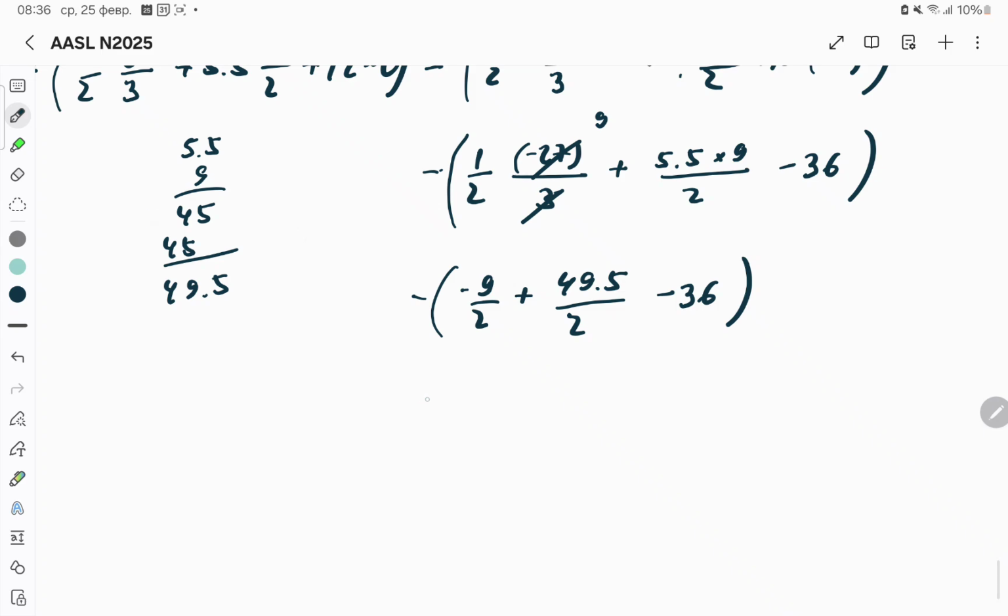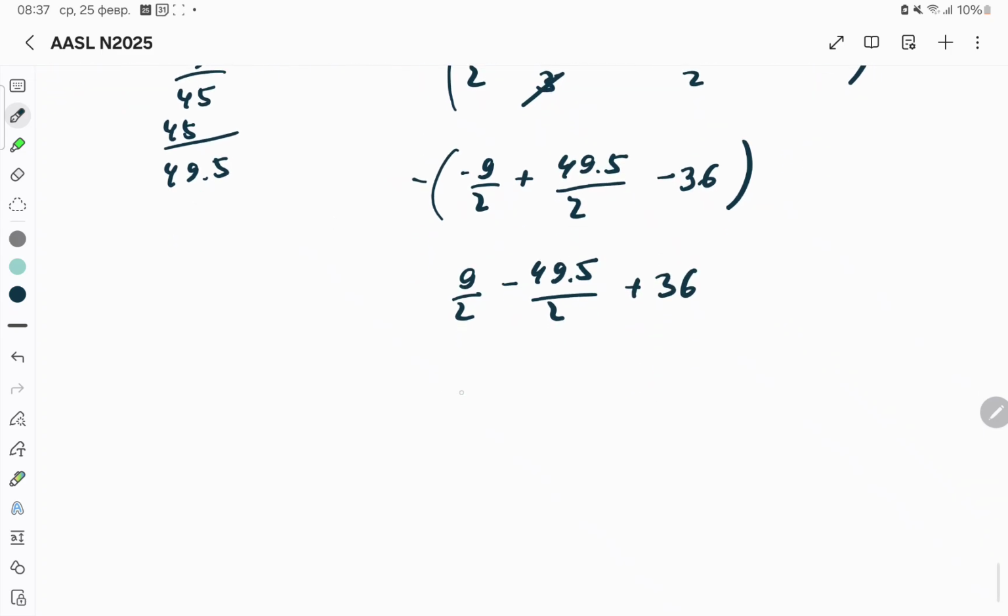Okay, so now I will open the brackets. 9 over 2 minus 49.5 over 2 plus 36. Okay, now let's convert everything to decimals. 4.5 minus 24.75 plus 36.